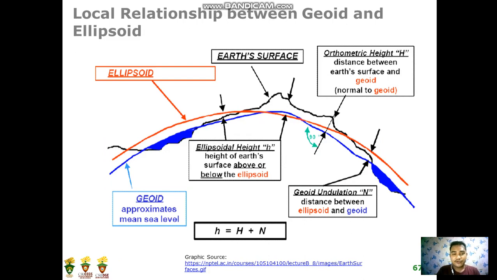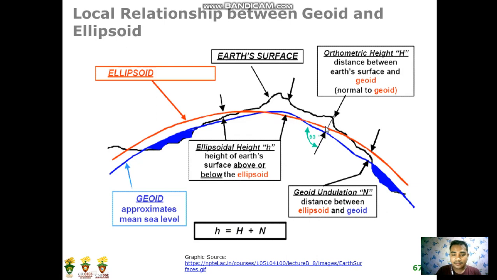So, the local relationship between the geoid and the ellipsoid. This is the formula we introduce, where, as we defined earlier, h is the ellipsoidal height. That means ellipsoidal height is the height of the Earth's surface above or below the ellipsoid.